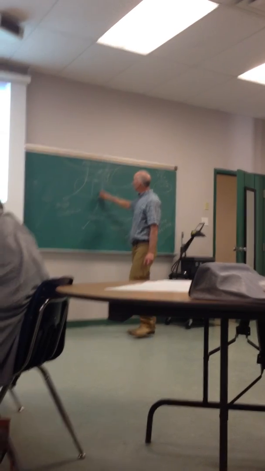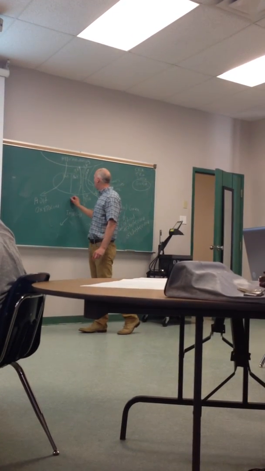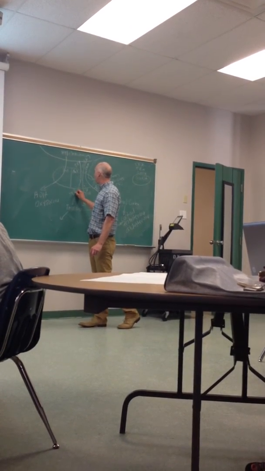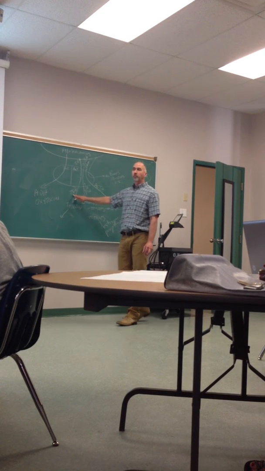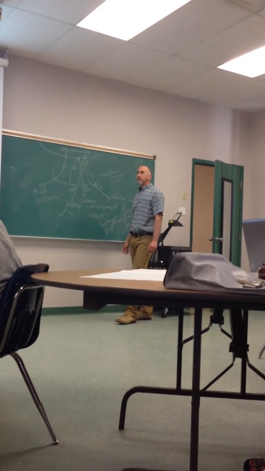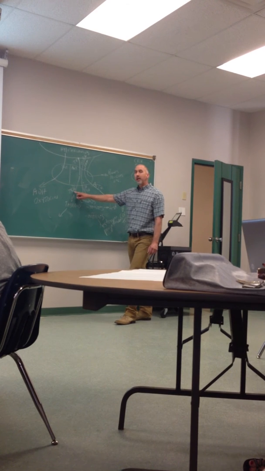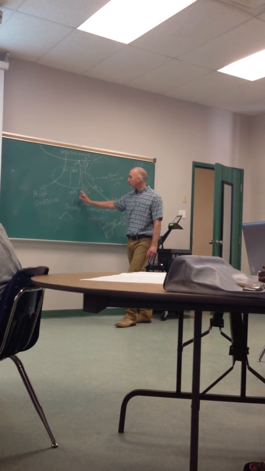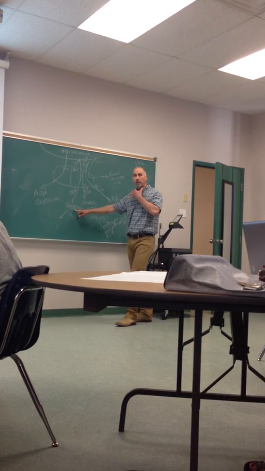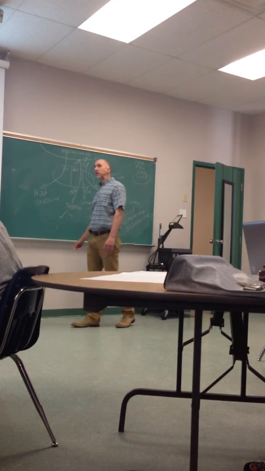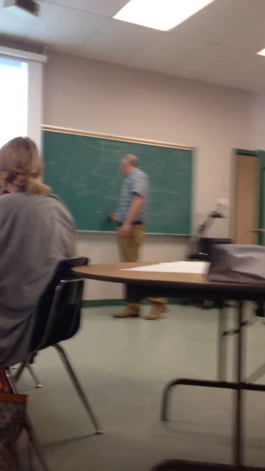That acts on the anterior pituitary to release thyroid stimulating hormone, TSH. Okay, so now the TSH will act on the thyroid gland in your throat to release thyroid hormone, which is known as T3 and T4.